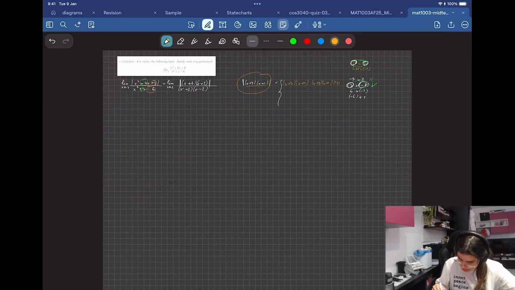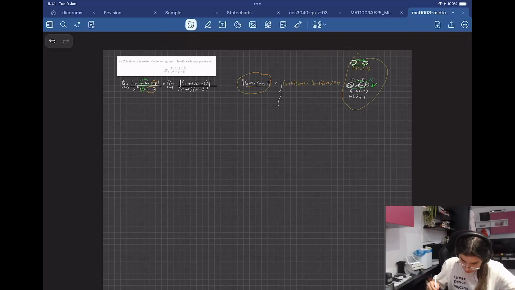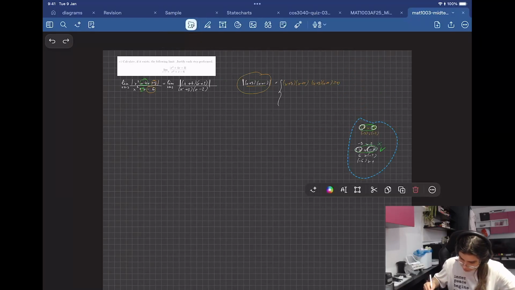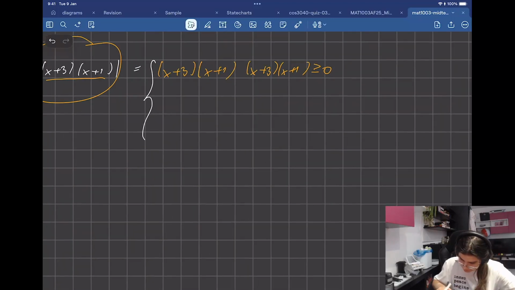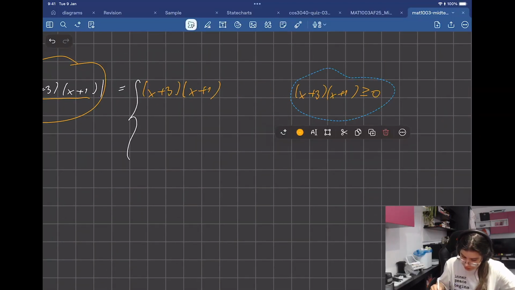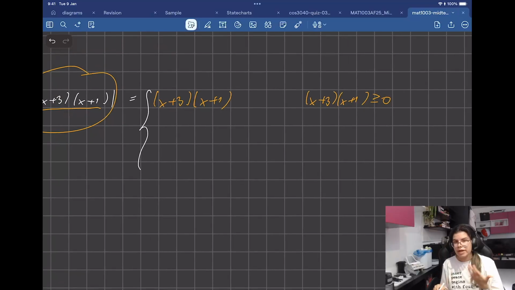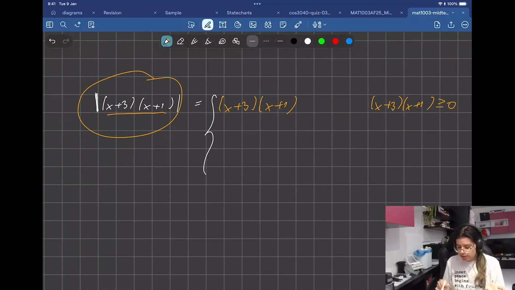I need more space, so I just erase this. Okay. So if the original expression within the modulus was already greater than or equal to 0, then the result of the modulus would also be the same, right? Because if I have modulus of 5, then the result is just 5. We don't change it.